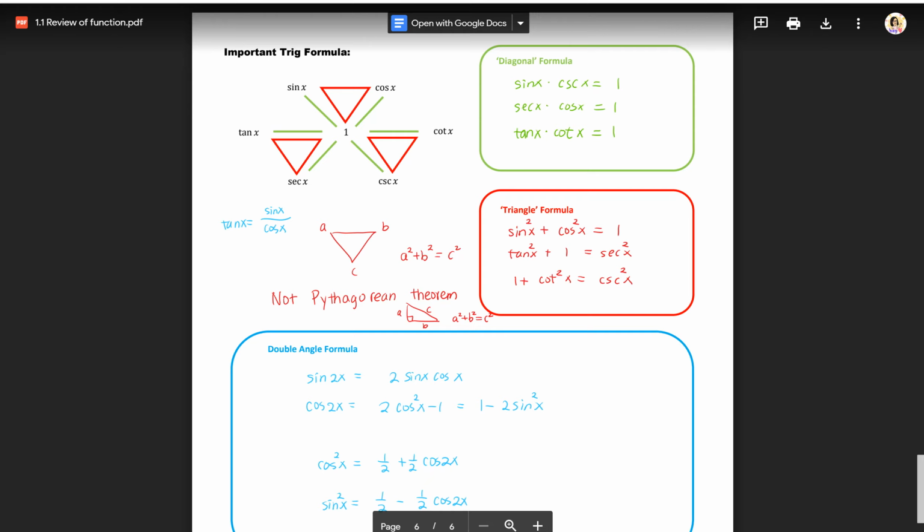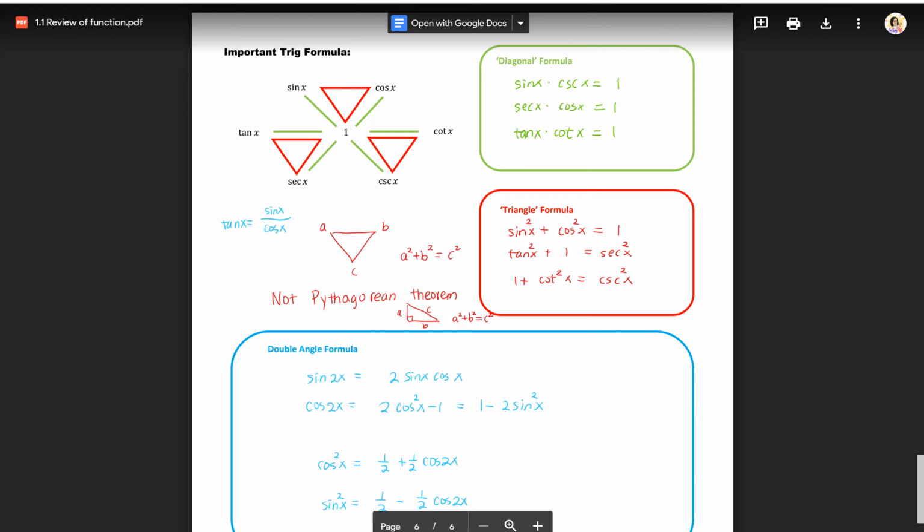Then you can see there are 3 upside down triangles. The rule is the sum of the squares of the upper 2 vertices equals the bottom vertex squared. This is not the Pythagorean theorem. This is just a trick that I use to help us memorize the trig identities.